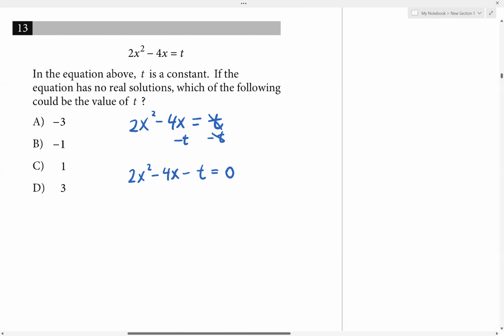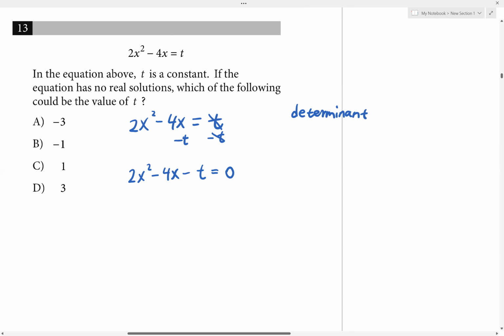And if we want the equation to have no real solution, we can figure this out, right? Whether it has two solutions, one solution, or no solution. We can use the concept of the discriminant to help us figure this out. So what is the discriminant?